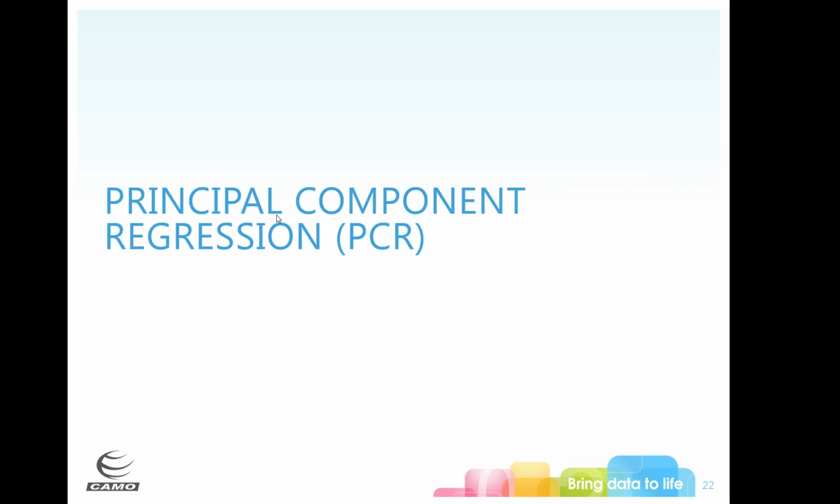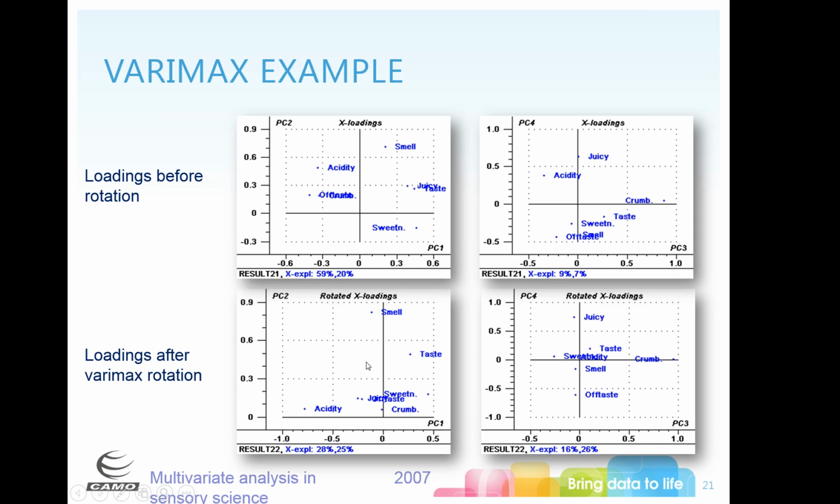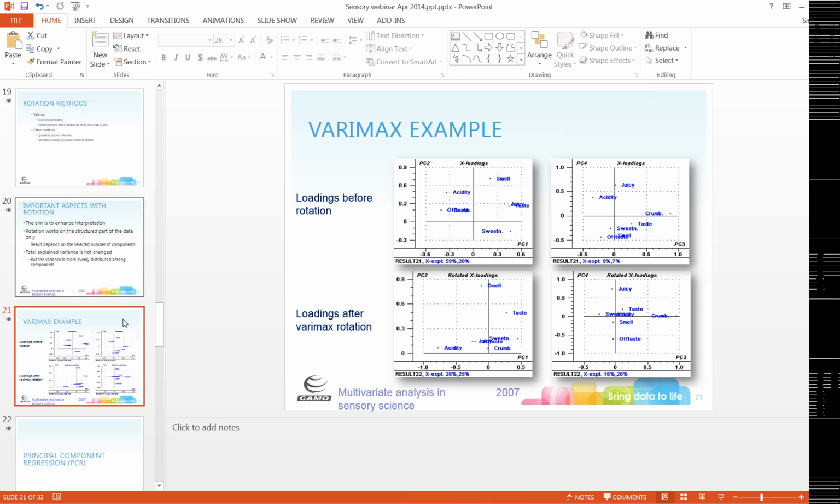Now if we look at our rotated loadings, we can see very clearly that principal component 1 is very significantly due to acidity. Principal component 2 would be smell. Over here we've got crumbly and juicy and off taste for principal component 4. Now I'll show you that in our cocktail example.